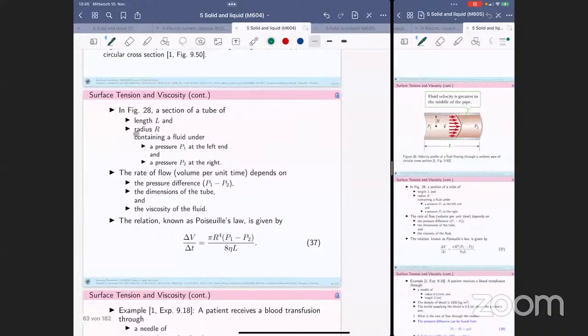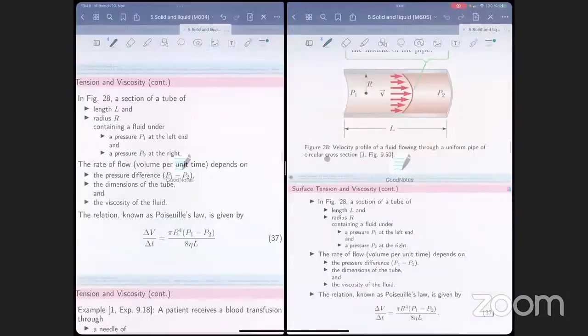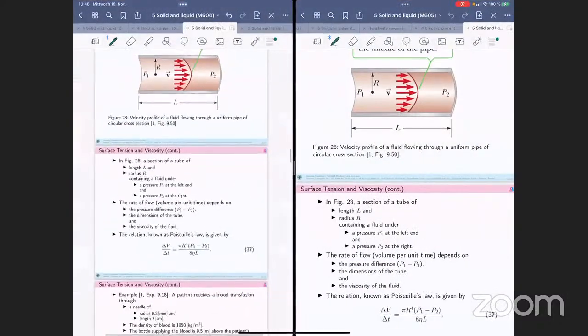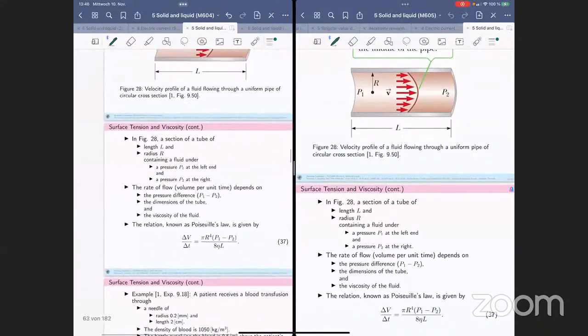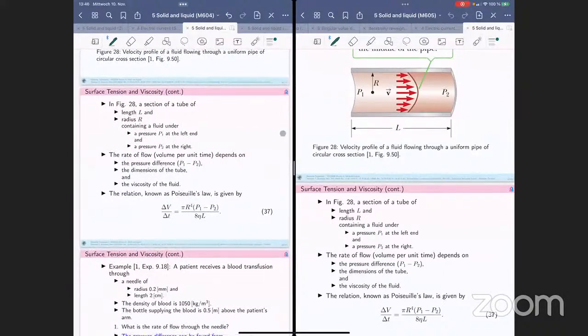In this figure, a section of a tube of length L, okay, the length here is L, and it has radius R, okay, the radius measured from the center of the pipe to one side of the wall inside the pipe is R, denoted by the capital R, containing a fluid under pressure P1.